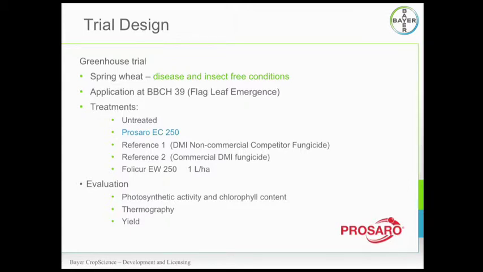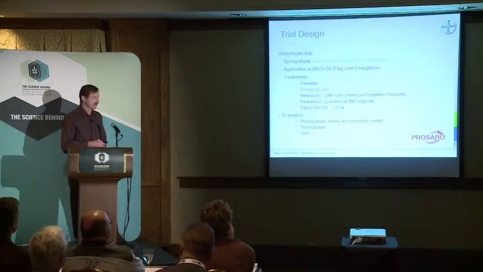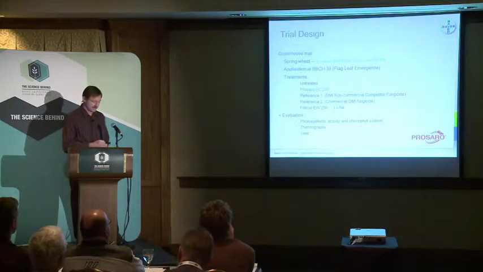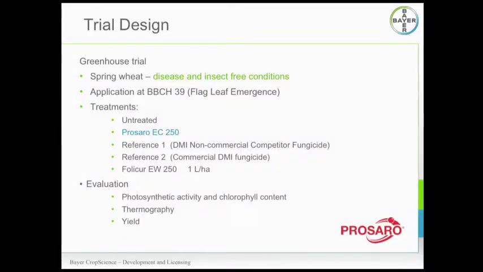This is the same formulation that we have in Canada, the EC250. 2 reference DMI fungicides, and then tebuconazole or Folacure EW250. The evaluations that were conducted are photosynthetic activity measured in terms of quantum efficiency, chlorophyll content, and we'll talk about thermography and yield.